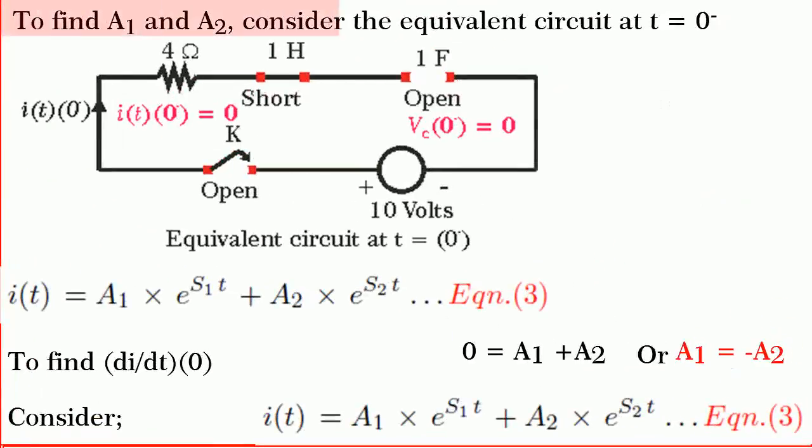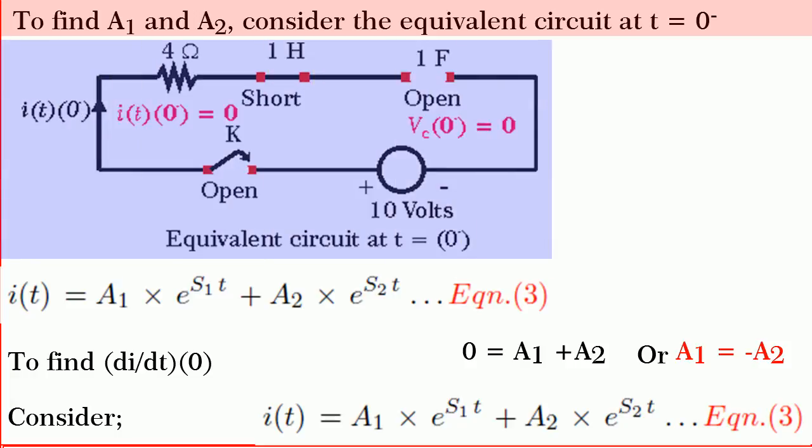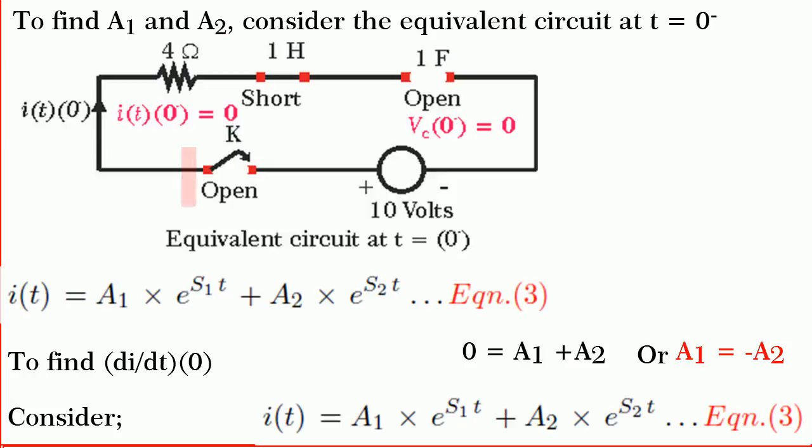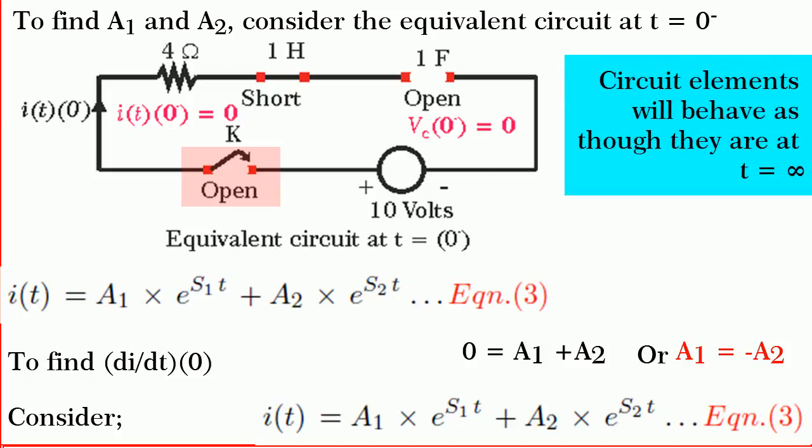To find a1 and a2, let us find i(0) and Vc(0). Consider the circuit shown at t equal to 0 minus. At t equal to 0 minus, K is open and it has remained open for infinite time before switching. So, circuit elements will behave as though they are at t equal to infinity.